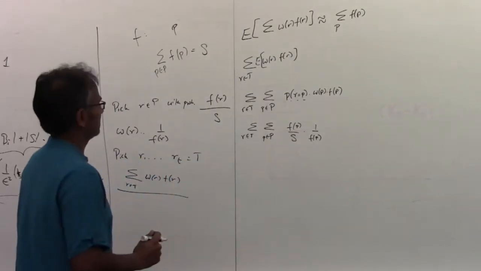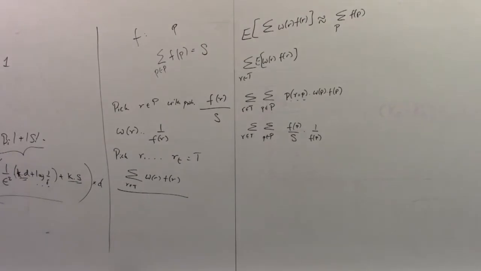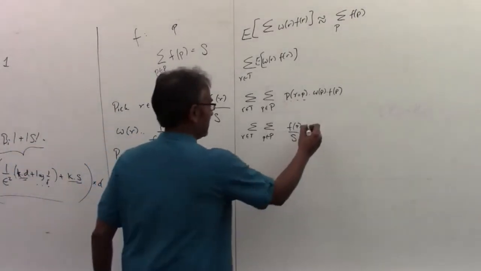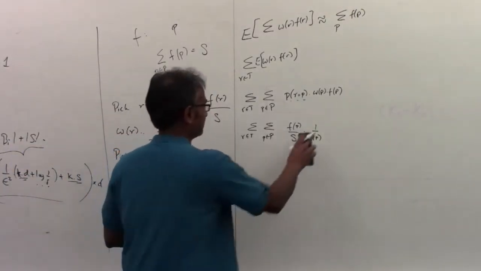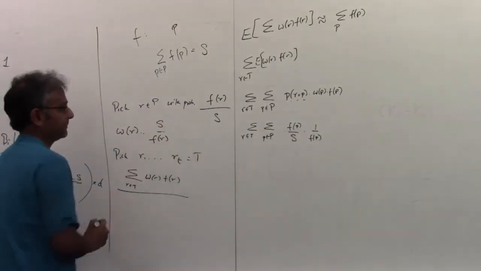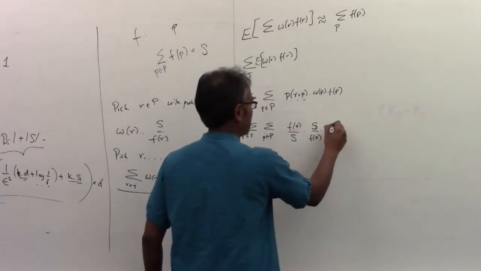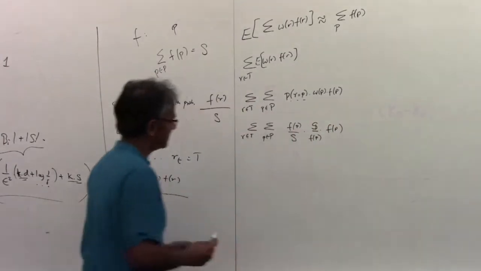Oh wait, that doesn't make sense. Yeah, so this weight should be S over, I think it should be this.